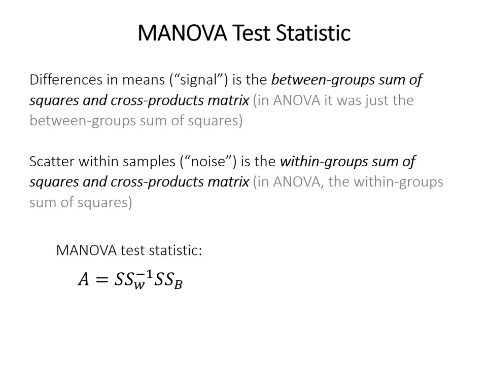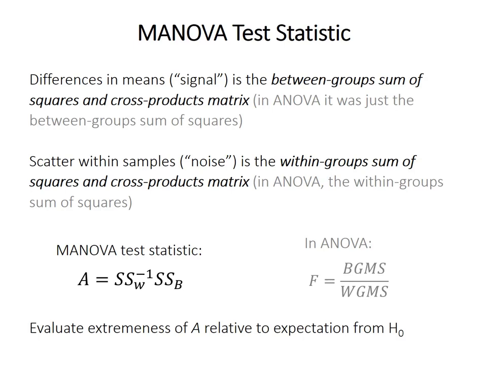Like in ANOVA, the test statistic is the ratio of the between groups to the within groups matrices, which gives us this test statistic A. Remember, in ANOVA, it was just the between groups divided by the within groups as well. On the left for MANOVA, it's written in terms of matrix multiplication, whereas they're not matrices in the ANOVA, they're just numbers.